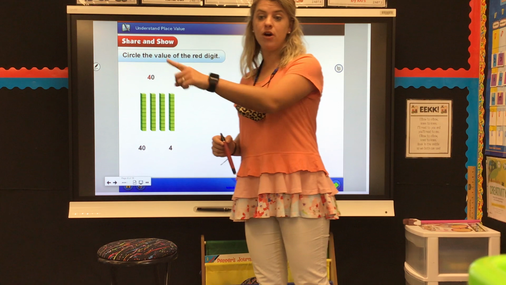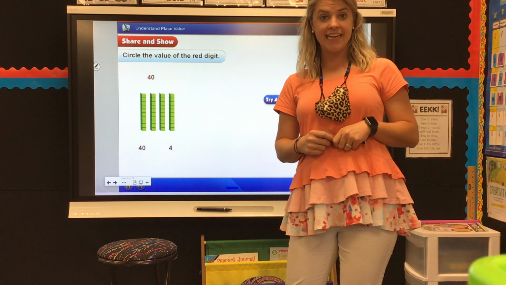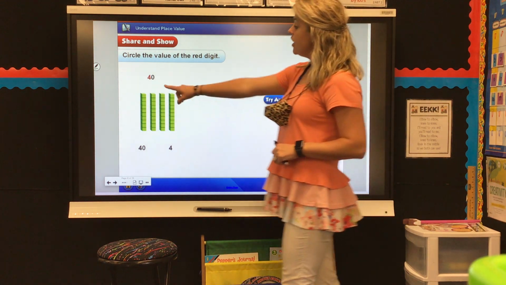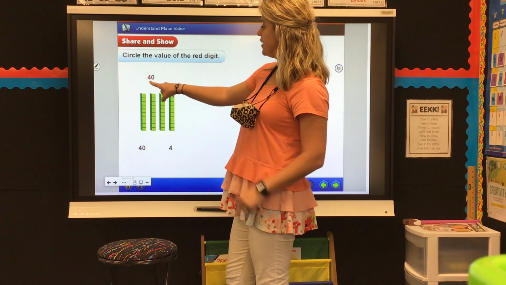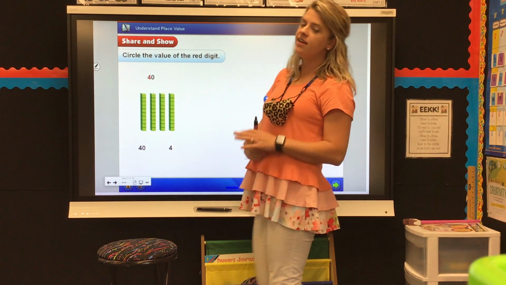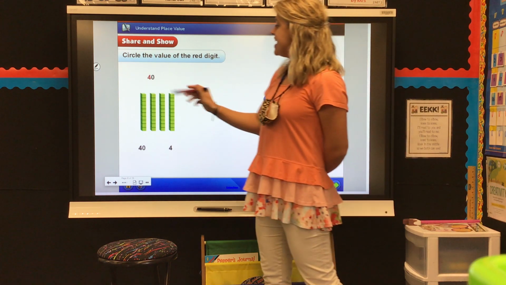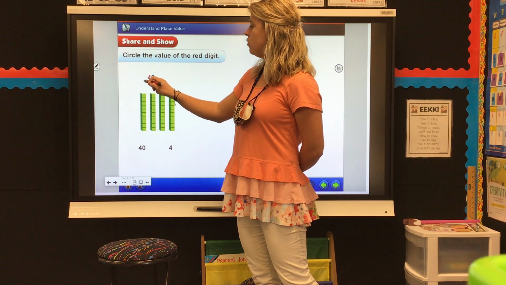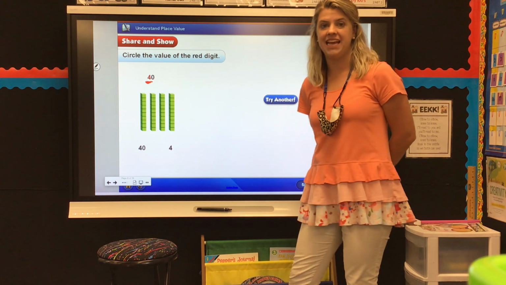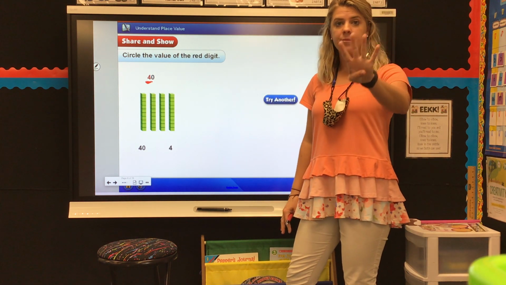We're going to skip over to problem number 3, okay? The number that we're looking at in problem number 3 is 40. Now, if you look, the red digit changed in this one. Now, I want to find out, what does this number mean? The digit 4.